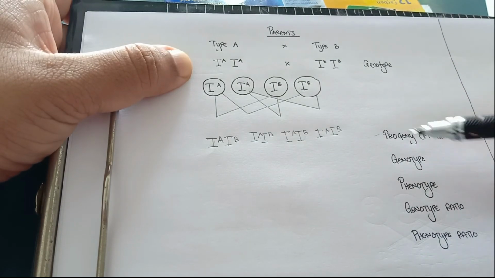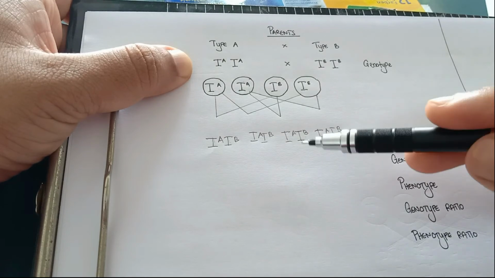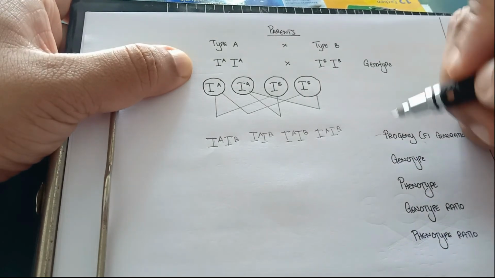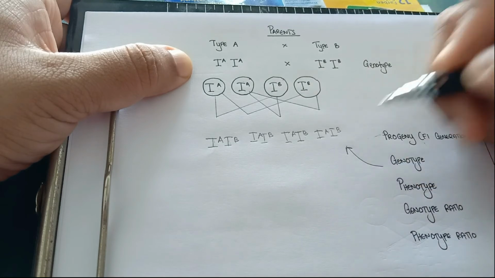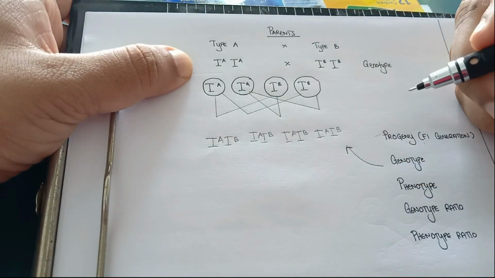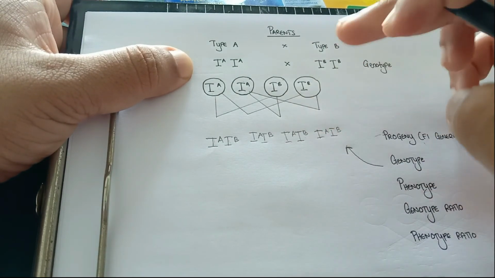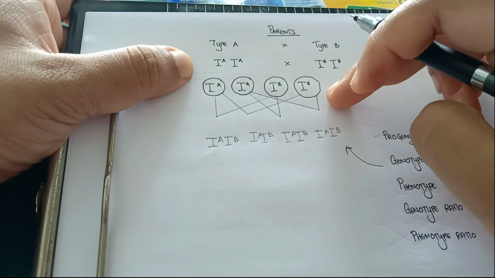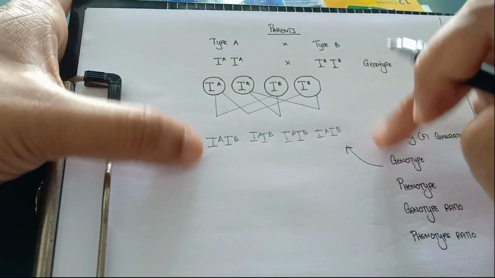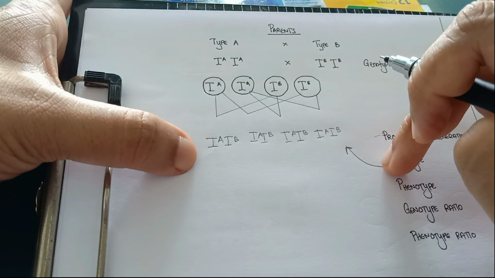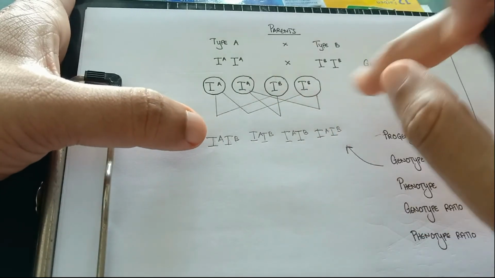Now the F1 generation, you have all of this, and the genotype is this. Now when I give you like this, when you are doing the actual crossing, bring this whole thing here. So this will be your space for doing your working.